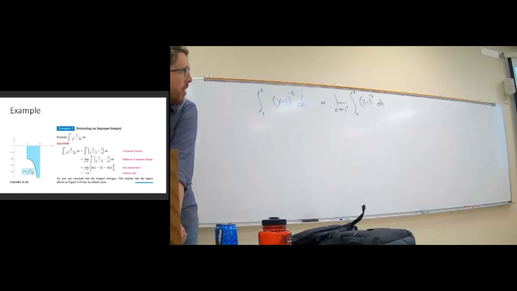So we're going to have to apply that limit technique by replacing 2 with c and taking the limit as c goes to 2 from the left. Then we integrate. We come down here and we apply our bounds like we normally would, and then we apply our limit. So you apply the antiderivative, then you apply the bounds, and then you apply the limit.